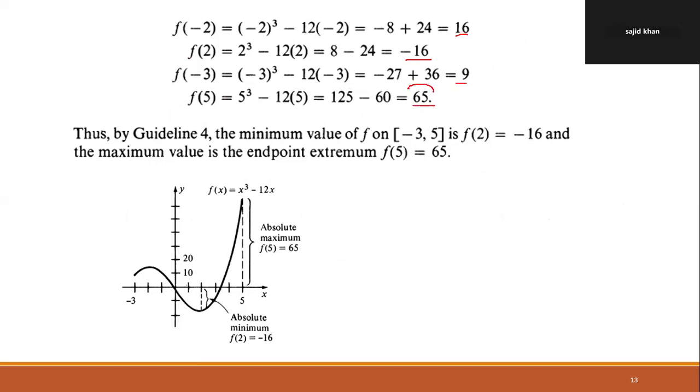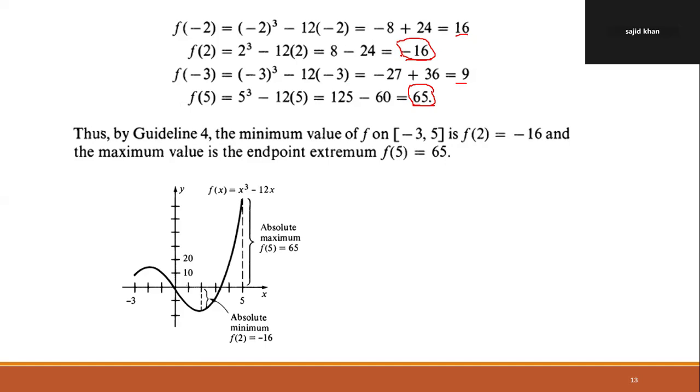So 65 is the largest value among these values, which is known as the maximum value, and minus 16 is the lowest or smallest value among these values, so it is known as the global minimum value, because over the entire interval minus 16 is the minimum value and 65 is the maximum value.